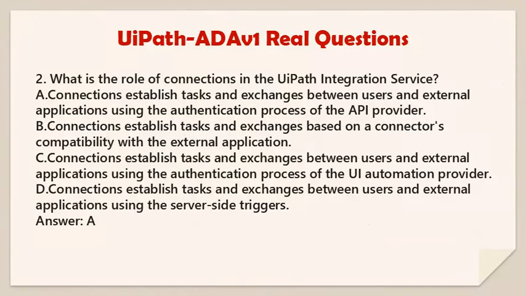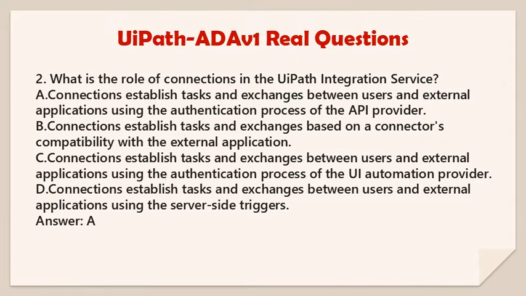2. What is the role of connections in the UiPath integration service? A. Connections establish tasks and exchanges between users and external applications using the authentication process of the API provider. B. Connections establish tasks and exchanges based on a connector's compatibility with the external application.